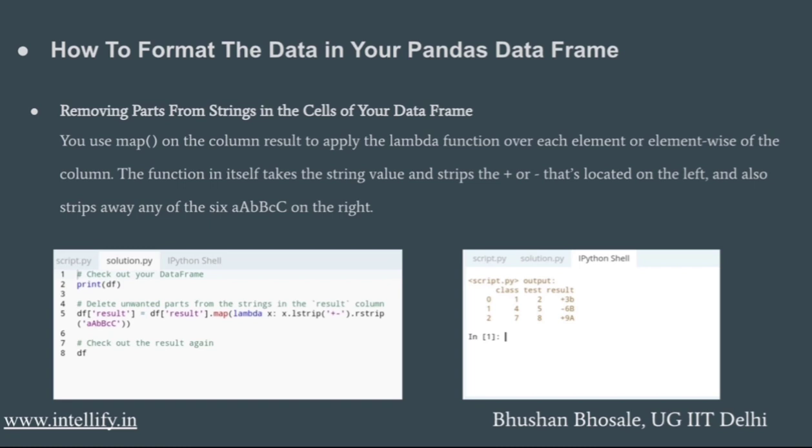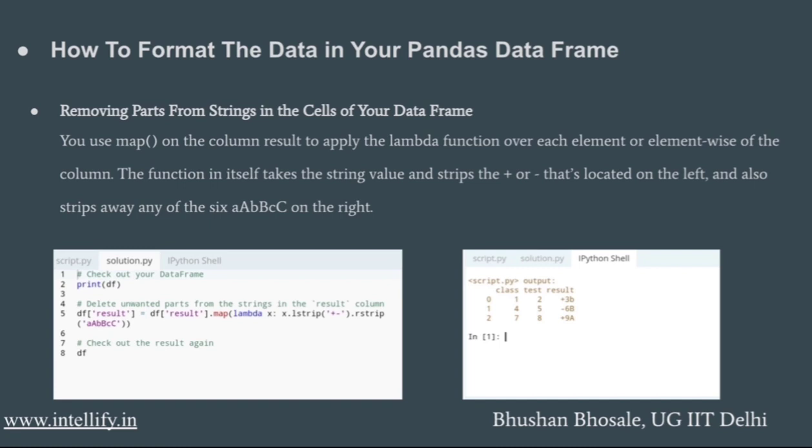You can use map on the column results to apply the lambda function over each element, or element-wise, of the column. The function in itself takes the string value and strips the plus or the minus that's located on the left, and also strips away the 6 abc's on the right side. Okay, so what does that mean?